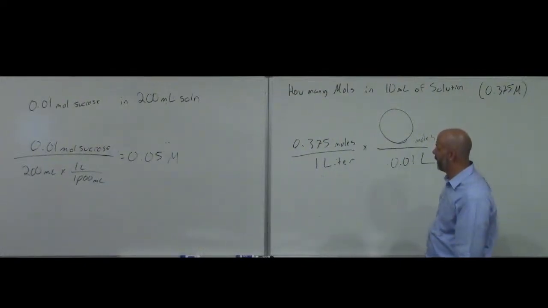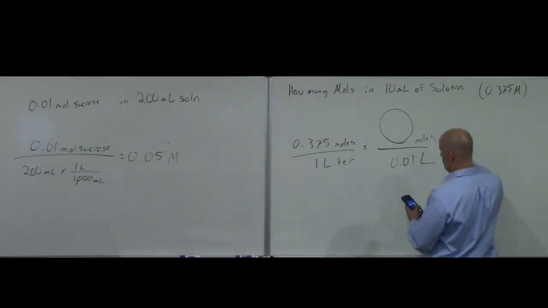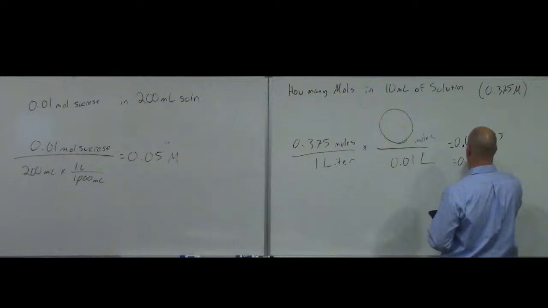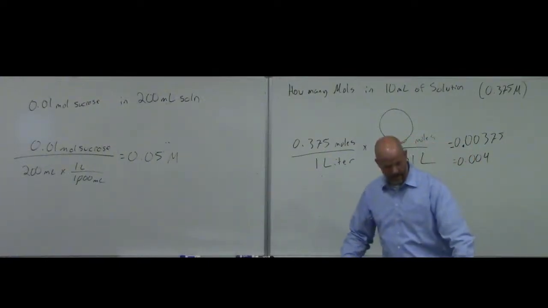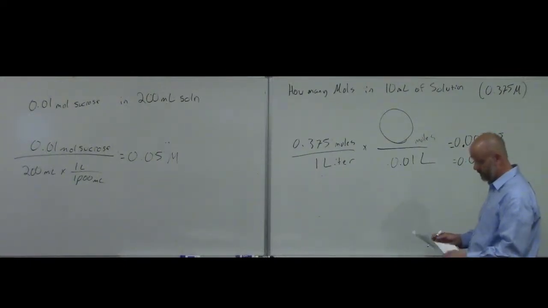So let's try that real quick. 0.375 times 0.01 gives you, what would it give you? 0.00375, which when we do sig figs comes out to be 0.004, which should be the right answer. Just confirm that. That is the right answer.